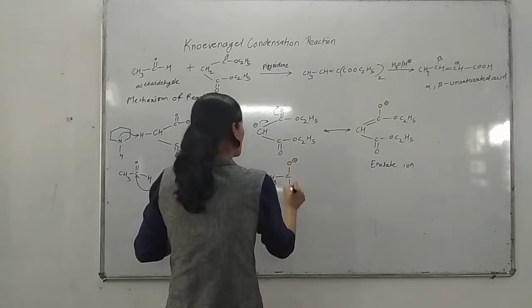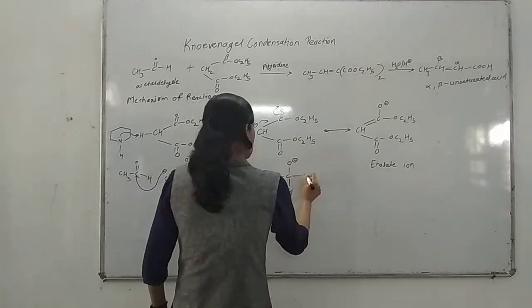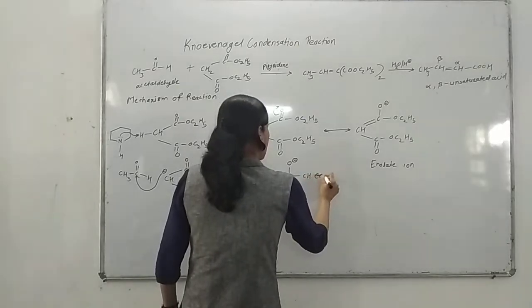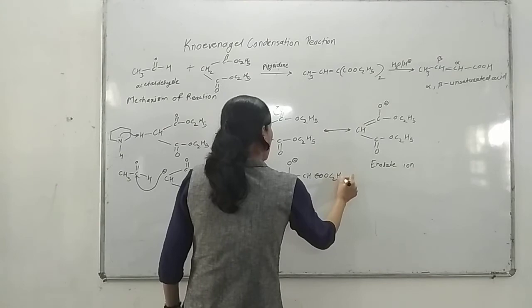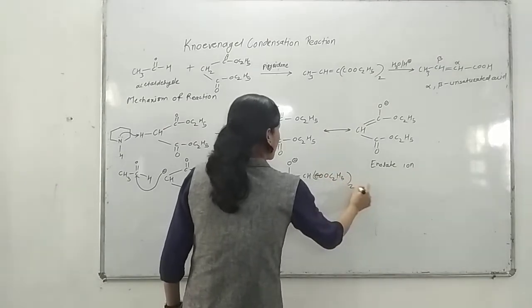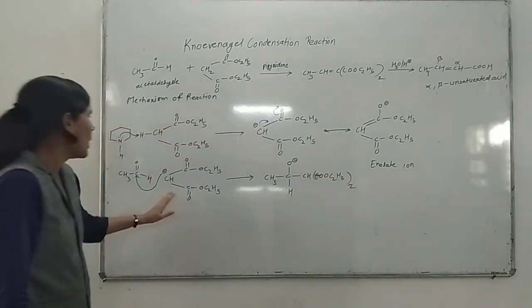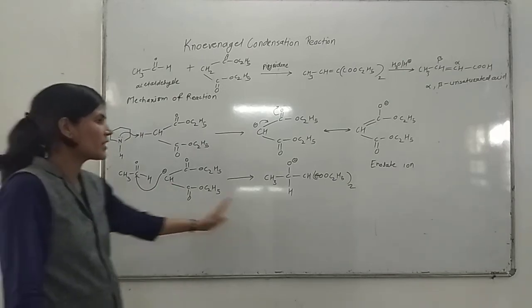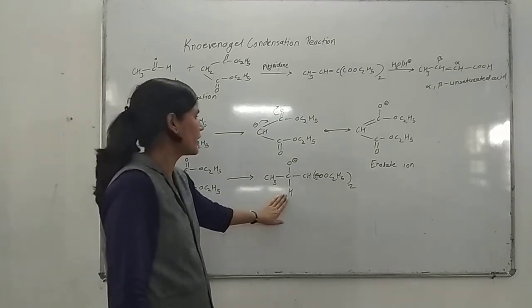CH3CHO negative, CH(COOC2H5) twice. Malonyl ester anion reacts with acetaldehyde, which results in the formation of a tetrahedral intermediate.